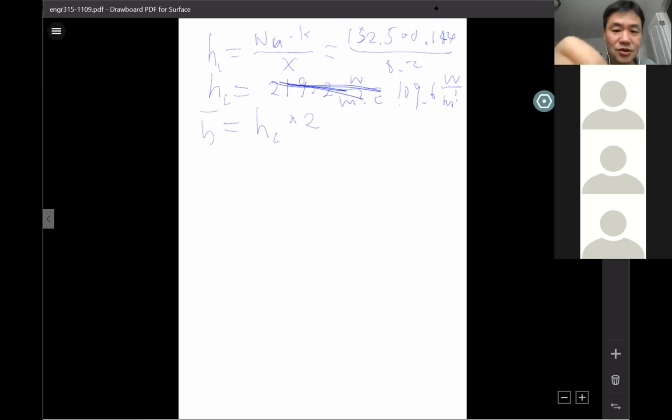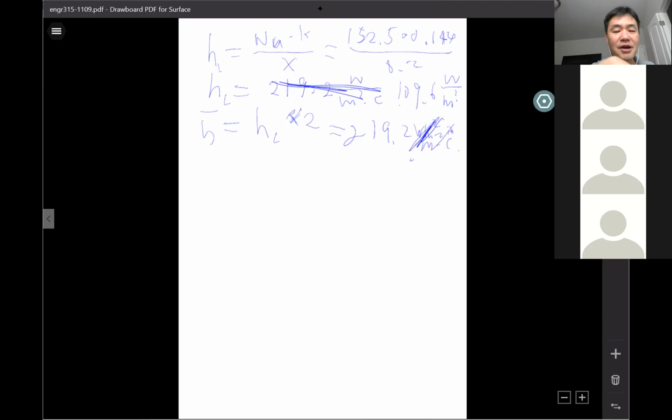This is an empirical solution from experiments. So in this case, the average heat transfer coefficient will be 219.2 watt per meter square C. I wrote the unit wrong earlier.